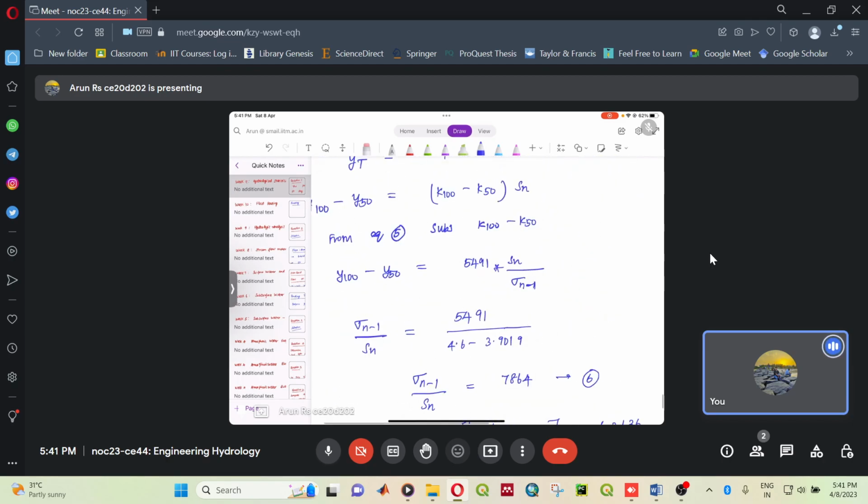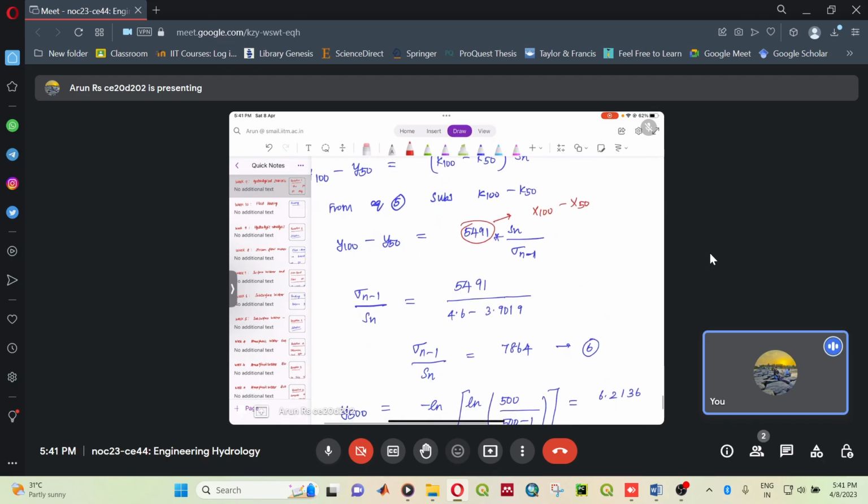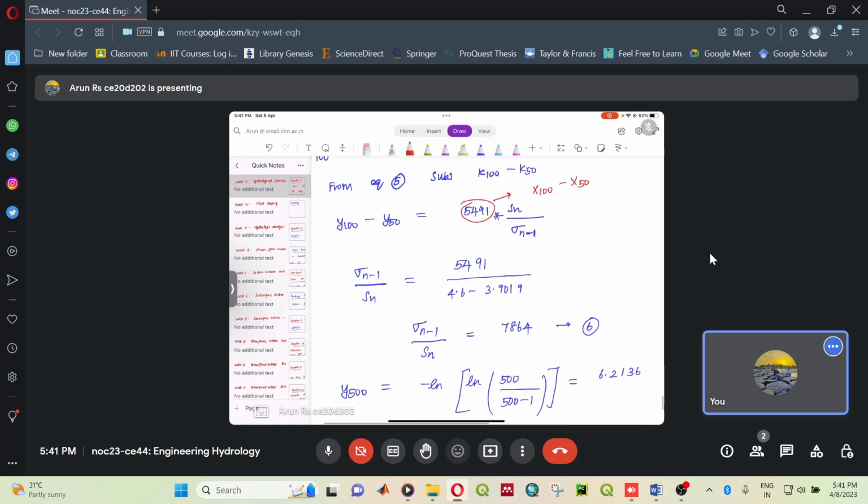So this 5491 is nothing but the difference between x100 minus x50. So I am rewriting the same equation between y500 and y100.